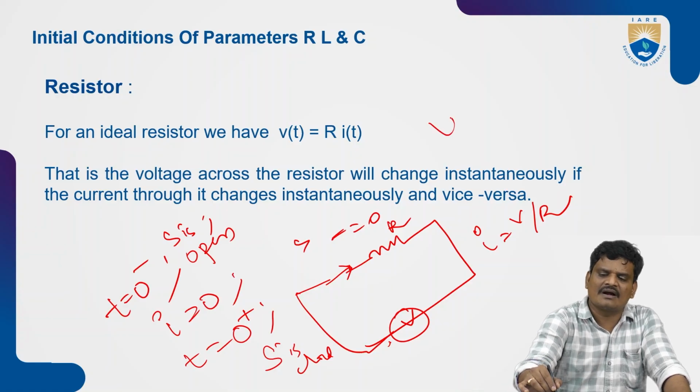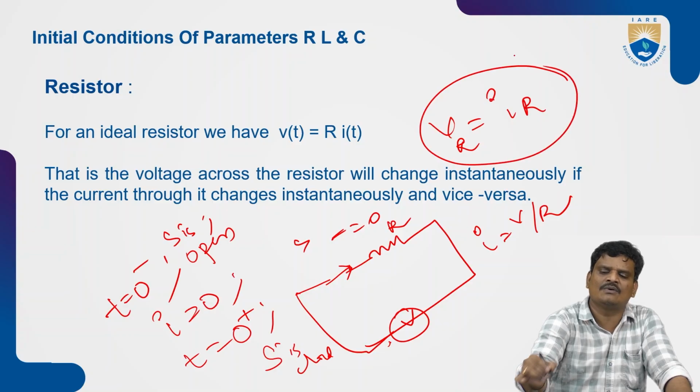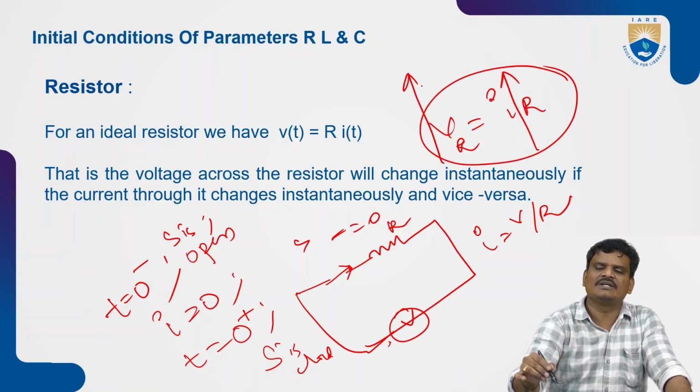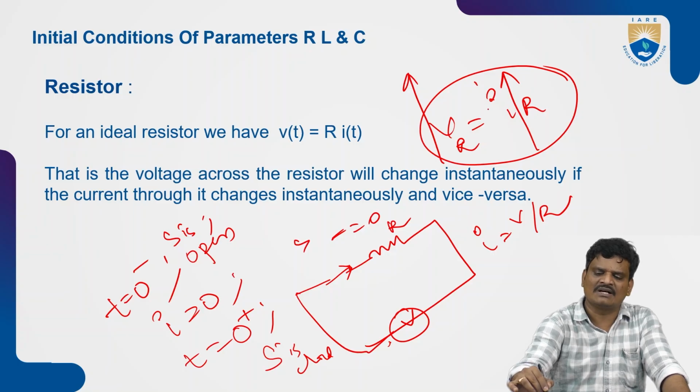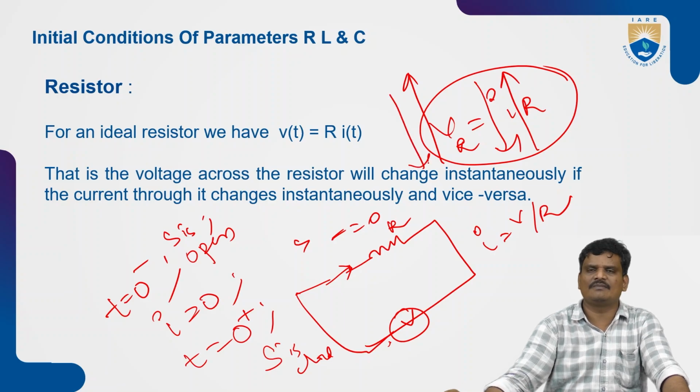Why? Because according to Ohm's law, the voltage across the resistor is VR equal to I into R.